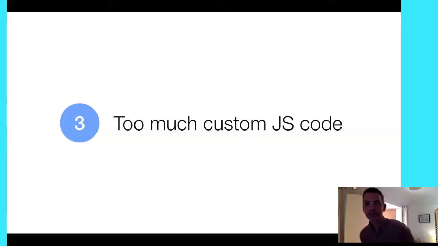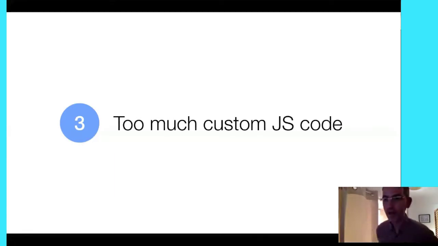Number 3 is too much JavaScript code. There are lots of hooks within dynamic actions that allow you to provide custom JavaScript code. There's even an execute JavaScript code action type. They're very powerful. I definitely don't suggest you don't use them. But what I would suggest is always have a think about whether that's the best way to do something.